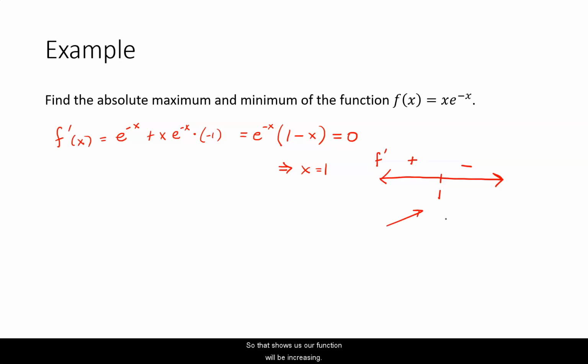So that shows us our function will be increasing on the interval from negative infinity to 1, and then it'll be decreasing on the interval from 1 to infinity. So clearly we're going to have an absolute maximum value at x equals 1.